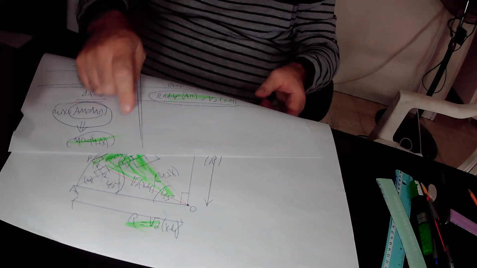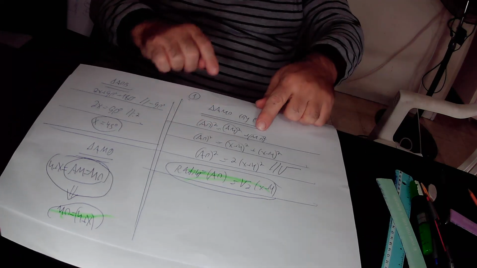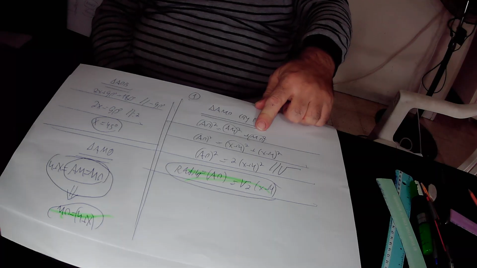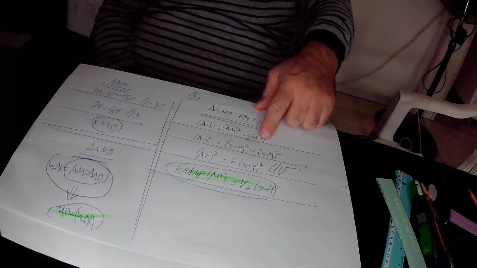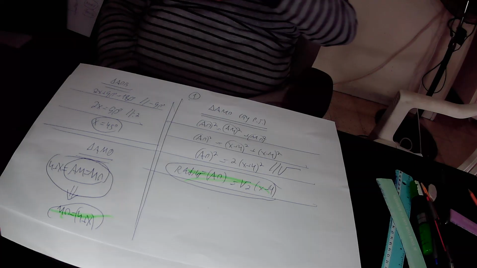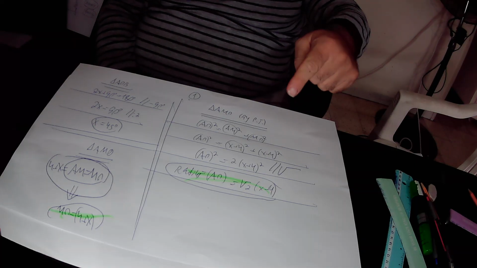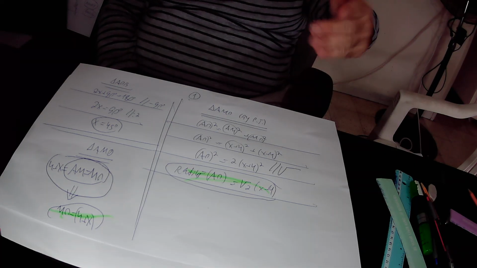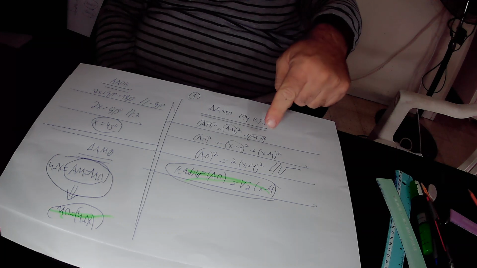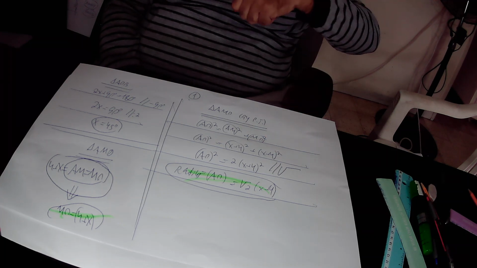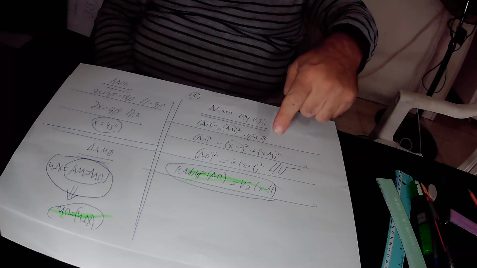AM is x plus 4, therefore AM squared is (x plus 4) squared. OM is also x plus 4, and therefore OM squared is (x plus 4) squared. So AO squared equals (x plus 4) squared plus (x plus 4) squared, which equals 2 times (x plus 4) squared.